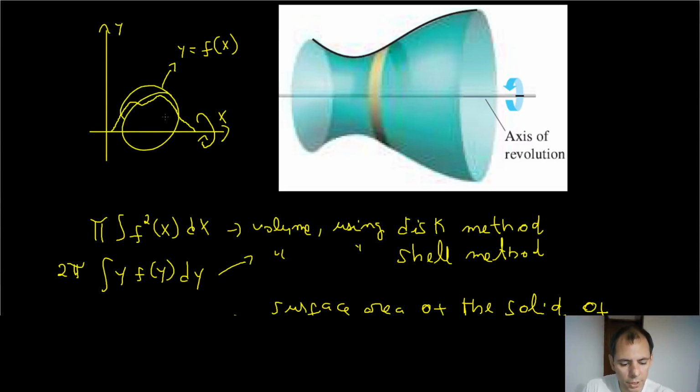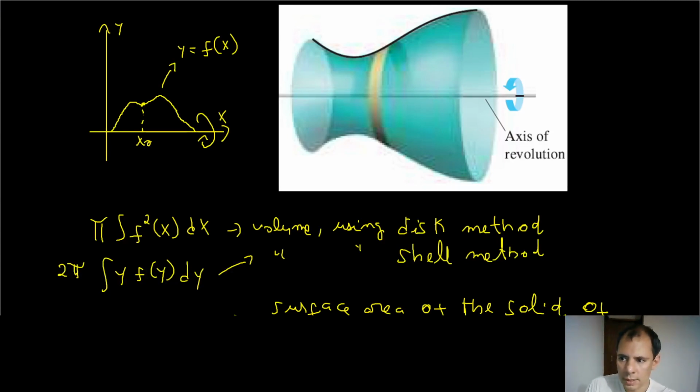So let's go over here again. This is going to go around. At this point of x in here, this is going to be the radius. What is this radius going to be? It's going to be f of x. I mean, you have f of x everywhere, but let's just think about this one for this x. If this point right here goes around the x-axis, it's going to make a circle.